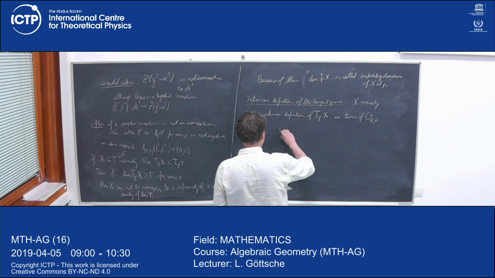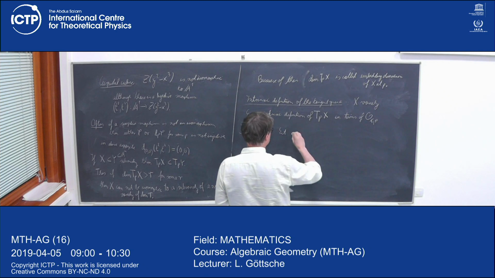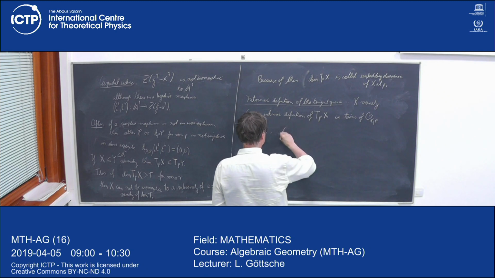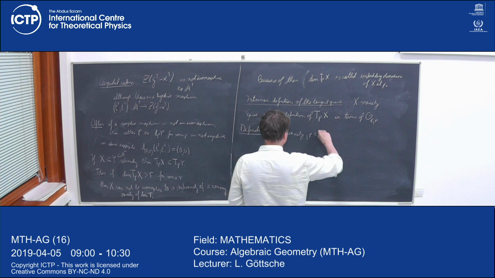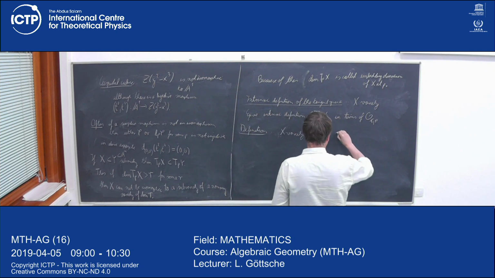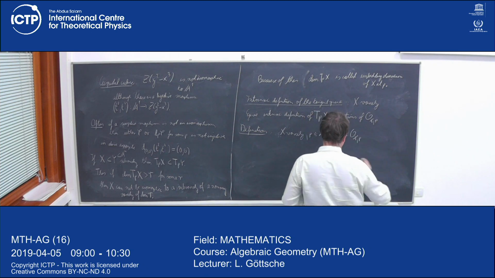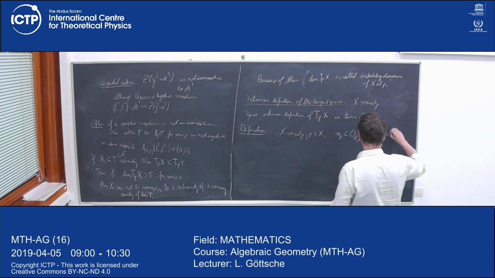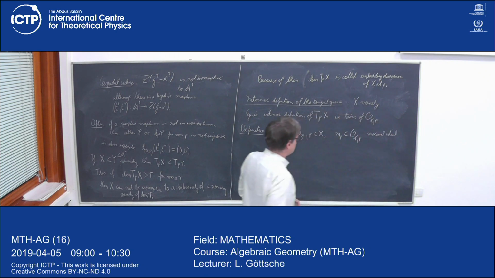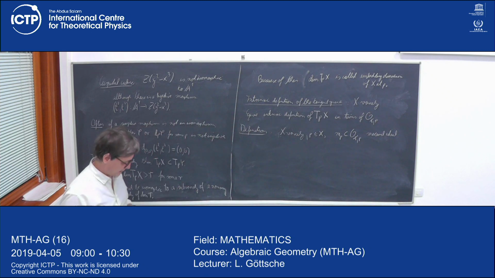Here X is a variety, P is in X, and M_P in the local ring is the maximal ideal. These are all the functions in the local ring which vanish at P.